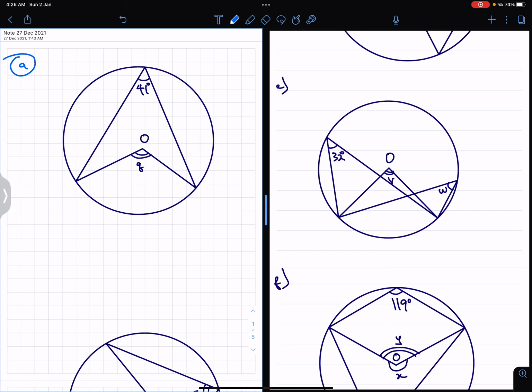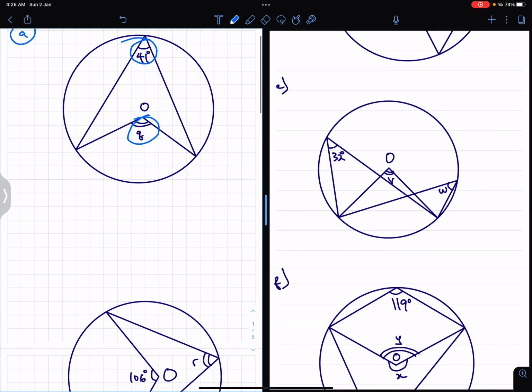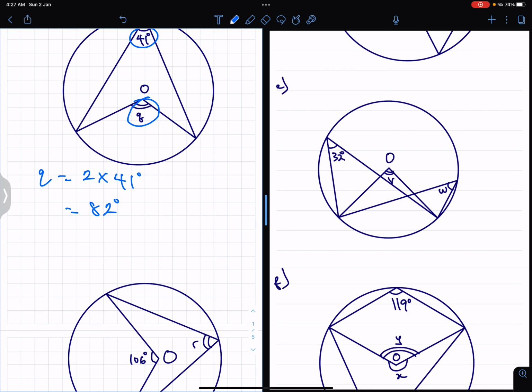Now let's go. Here Q is at the center and 41 degrees is at the circumference. So that simply means Q is 2 times 41 degrees. And the rule here is angle at center equals twice angle at circumference.